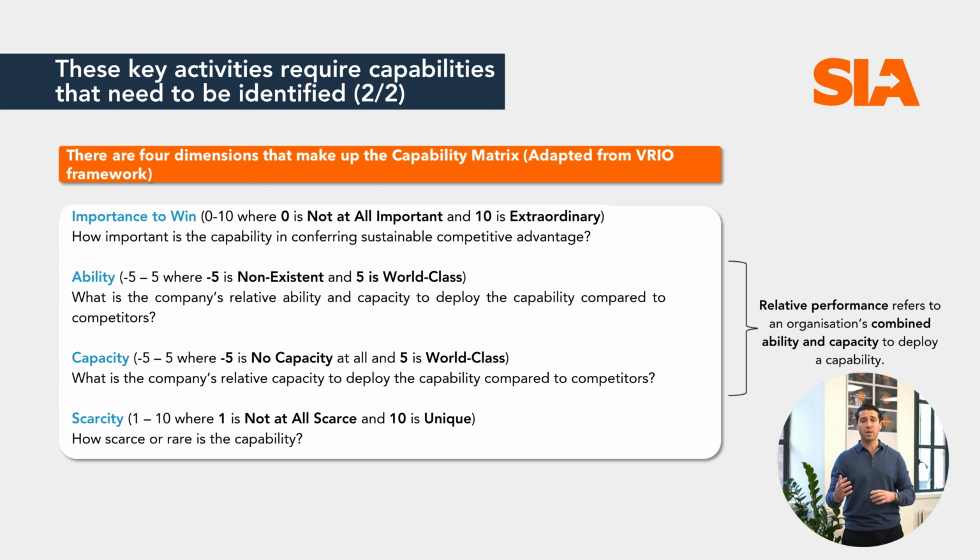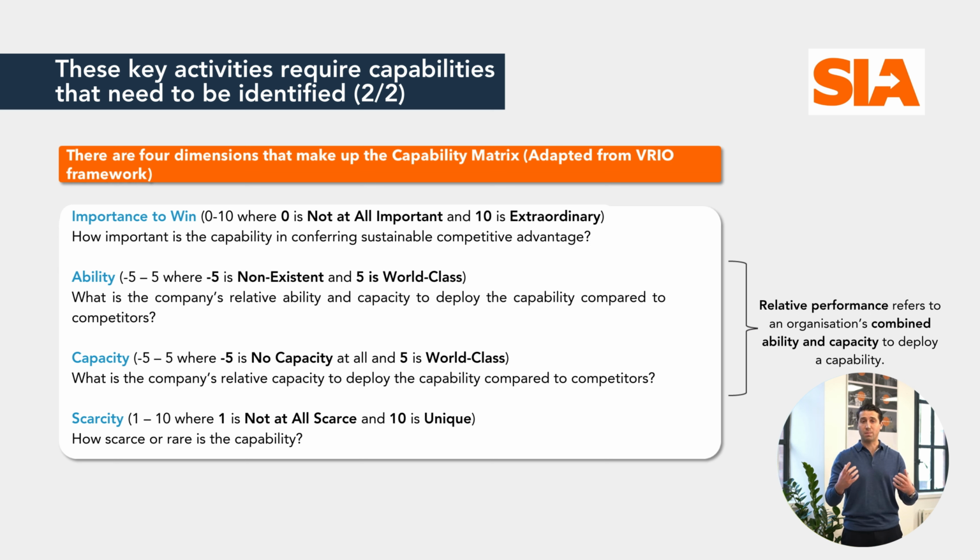Because, for example, if something is incredibly important for you to win, you're fantastic at it, you've got great capacity, and it's a really scarce, really rare, really difficult skill set to replicate, then that's a huge competitive advantage for your organization. But if, for example, something is really important to win, you're great at it, but there's only one individual in your organization who can do it, and it's a really, really challenging skill set to replicate, that's not truly a core strength because you have a single point of failure.